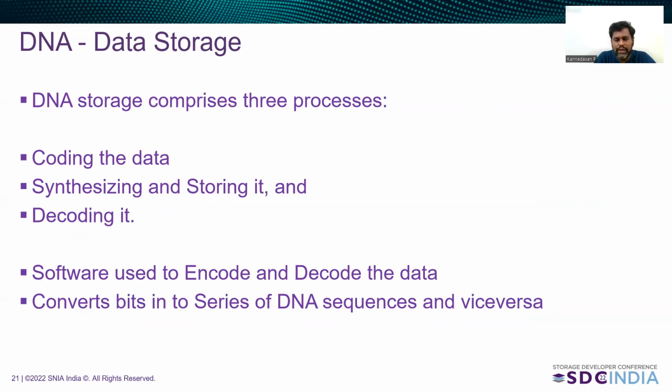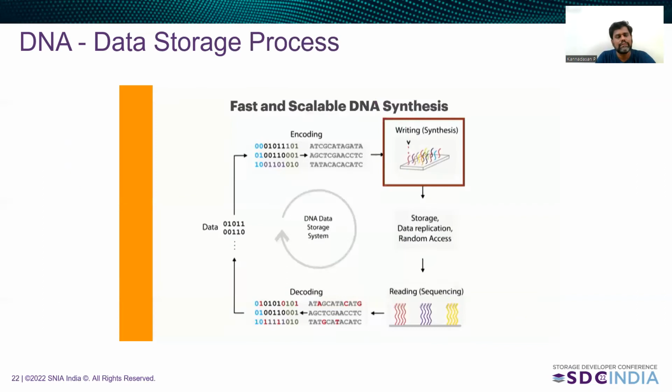To encode and decode the data, we use special software which converts binary bits into DNA codes and vice versa. This picture clearly explains the DNA data storage process. We have the binary data, then by using the special software, we encode this binary data into the DNA code.